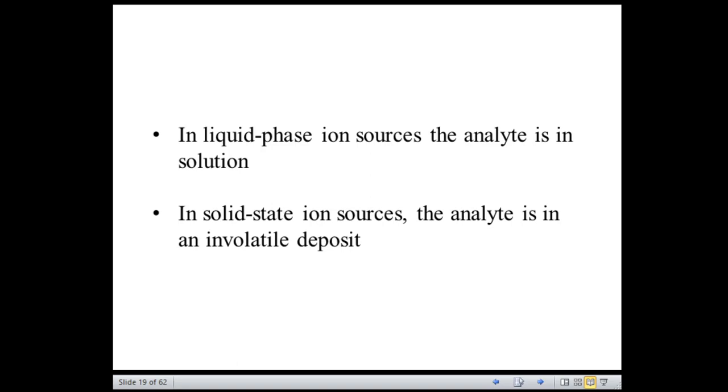So what we have discussed is the sample introduction without compromising the vacuum. We have direct infusion and direct insertion. Coming to the ion source, the important considerations are the internal energy that is transferred and the physicochemical properties of the analyte that has to be ionized.